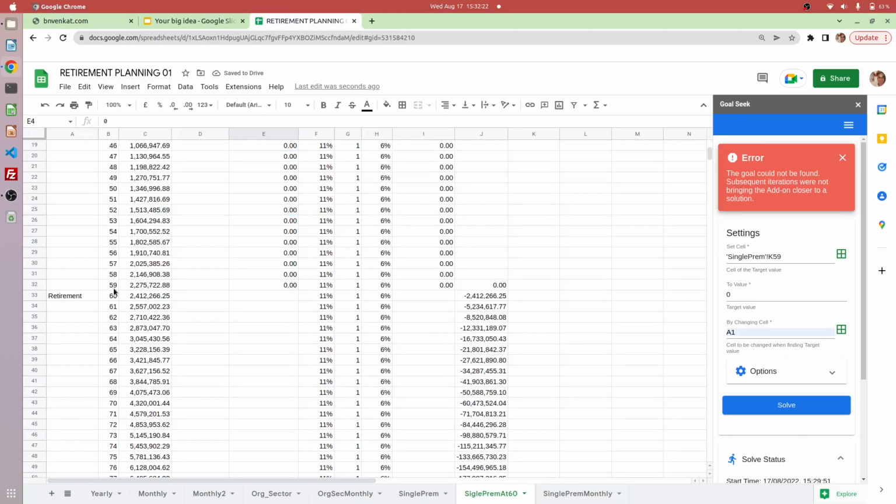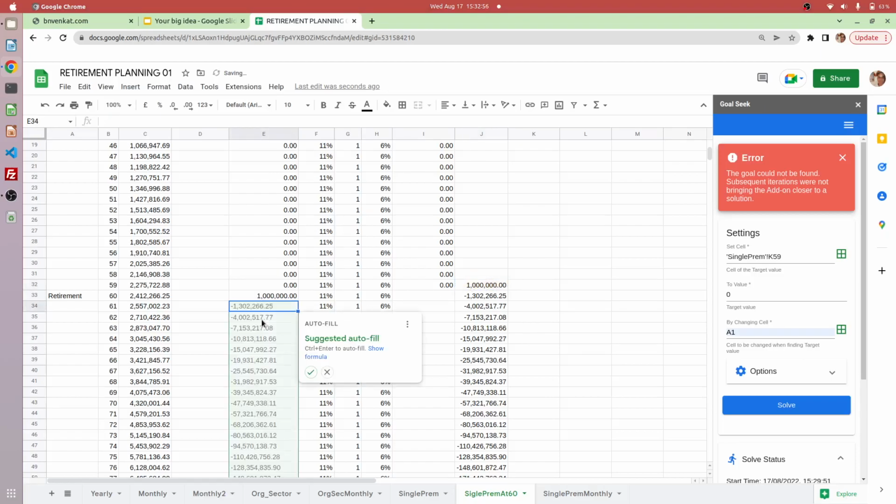At the 59th year ending figure, let us take this 59th closing balance figure to be, this is a convenient field, equal to round off the first field, that is A1, comma 2 decimal places. At 60th year, the retirement investment is equal to the previous year closing balance.